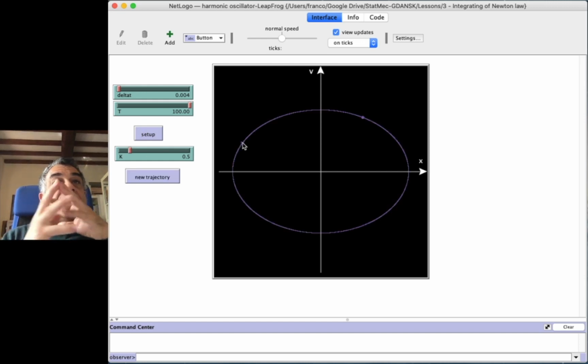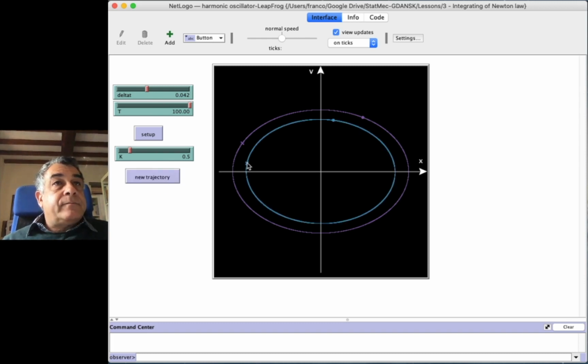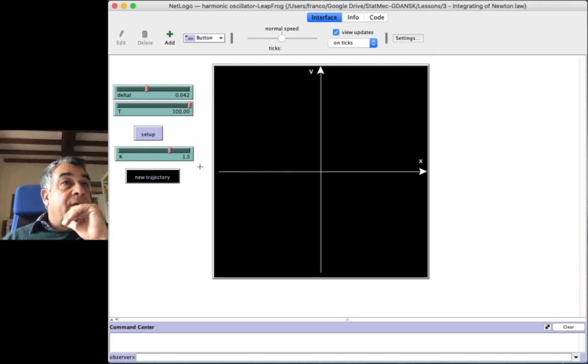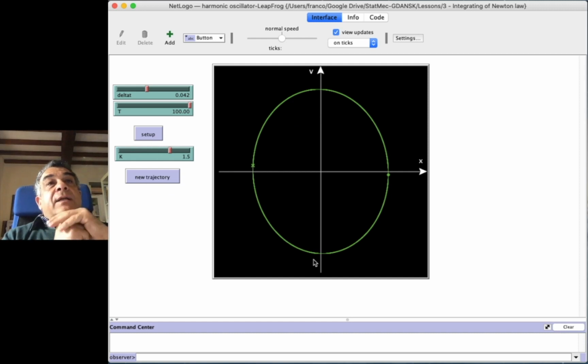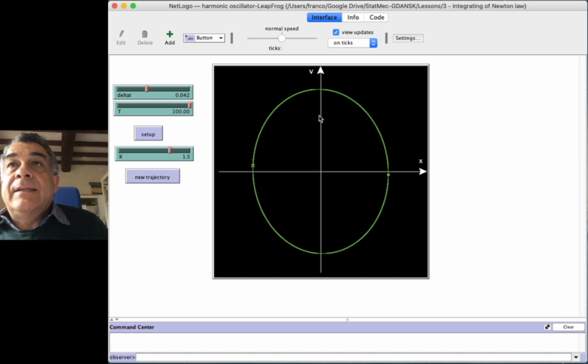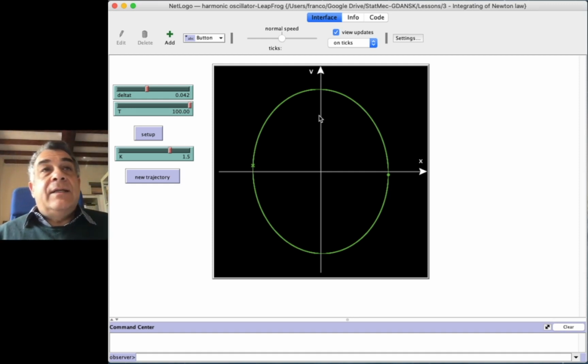It is essentially the same as before, but now you can see that even with a fairly large delta t, energy is quite stable, and I can check this with different values of omega. You see energy is quite stable. Actually, you see that the trajectory is not really a symmetric ellipse, it is slightly tilted, because clearly this is still a first order method.